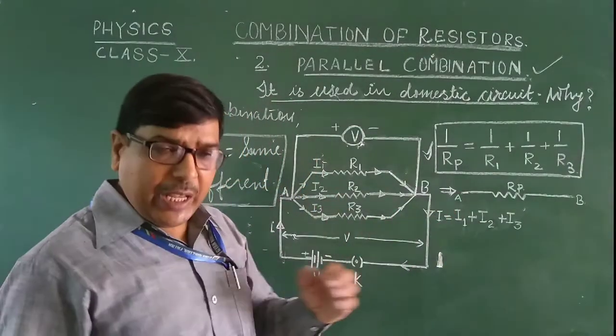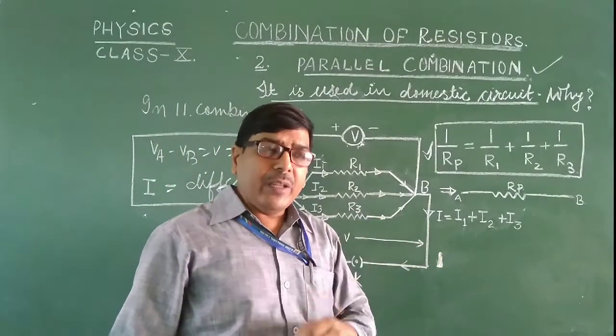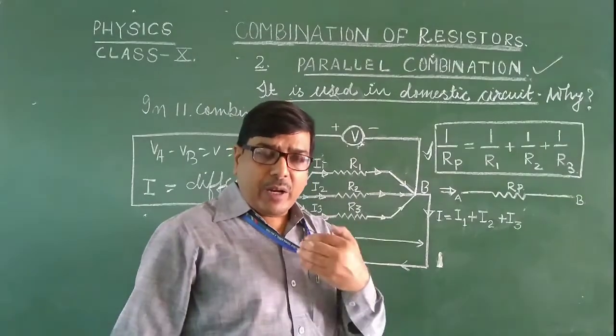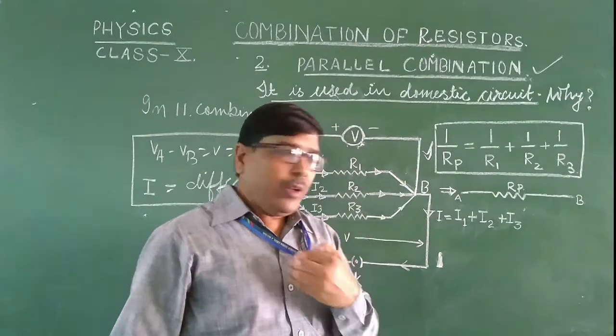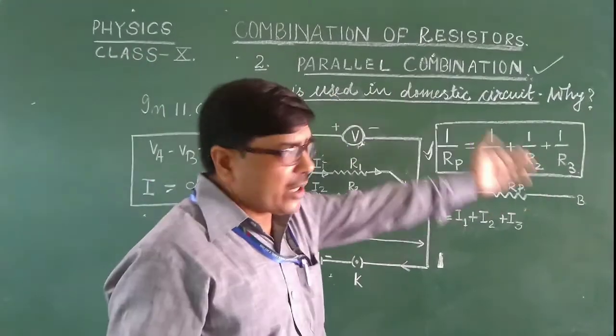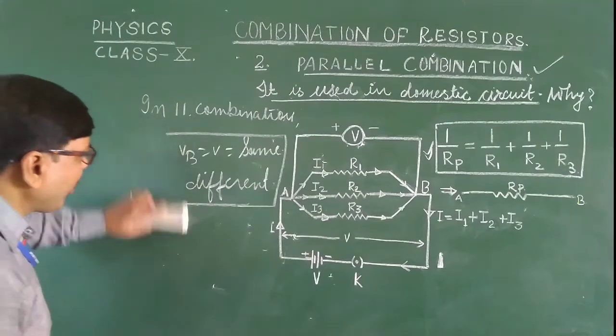And if any one device is off, the other instruments will still work as we desire. It depends upon us. So this is very important in domestic circuits. That's why parallel combination is used. So how can we calculate?